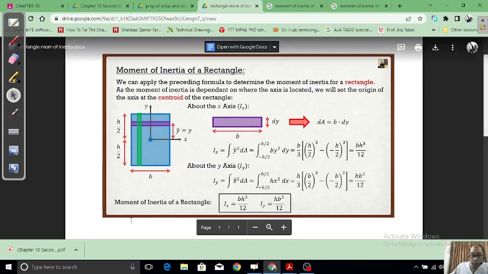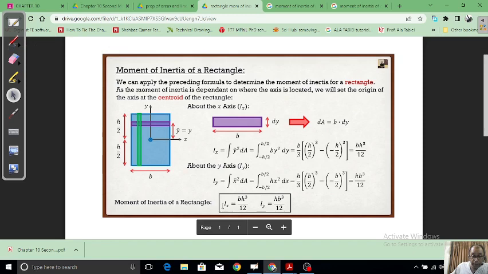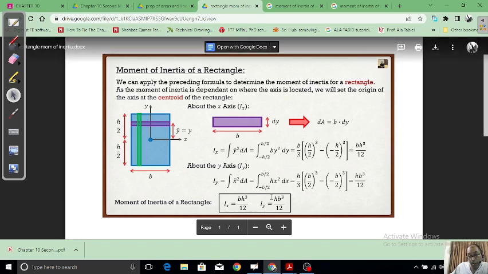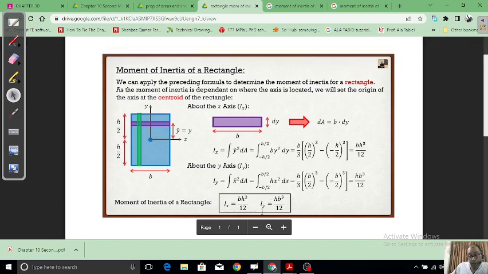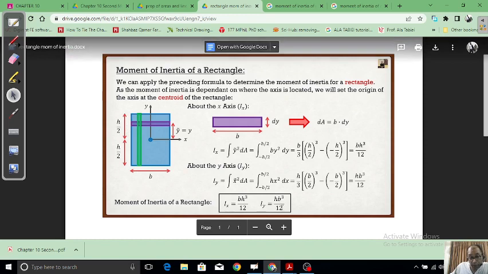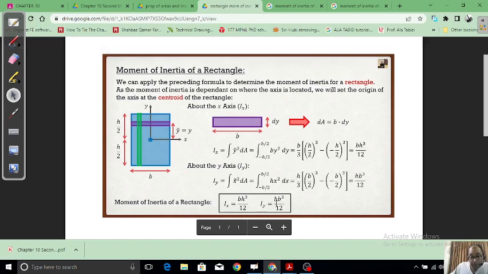So the very important conclusion is that for a rectangle, Ix, the second moment of area about the x-axis, is b h cube over 12, and about the y-axis it becomes the opposite: h b cube over 12.